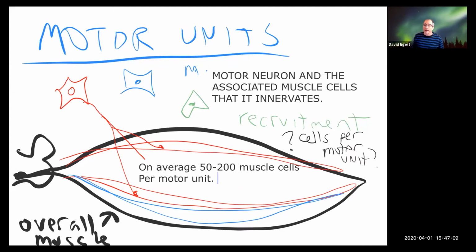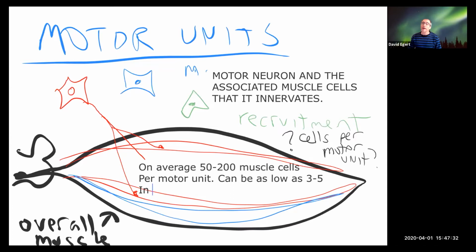However, other muscles are going to be different. Someone was saying 1. I'm not sure if it ever gets down to 1, but it can be as low as 3 to 5.